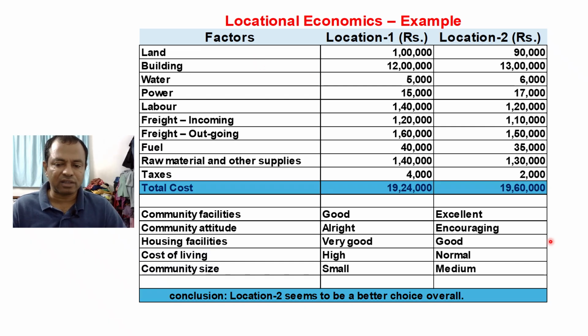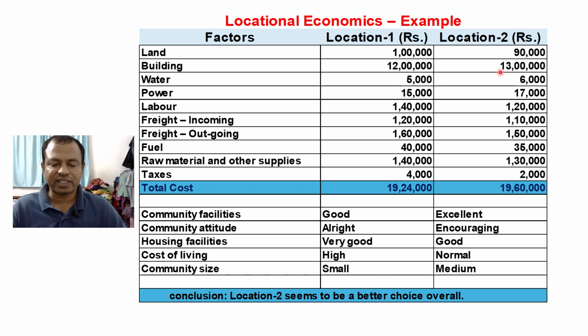Then what are the factors to be considered for the locational economics? Land cost is shown here for location 1 and location 2. We have two locations, location 1 and location 2. And the building cost is almost the same if we build a building in the two locations.